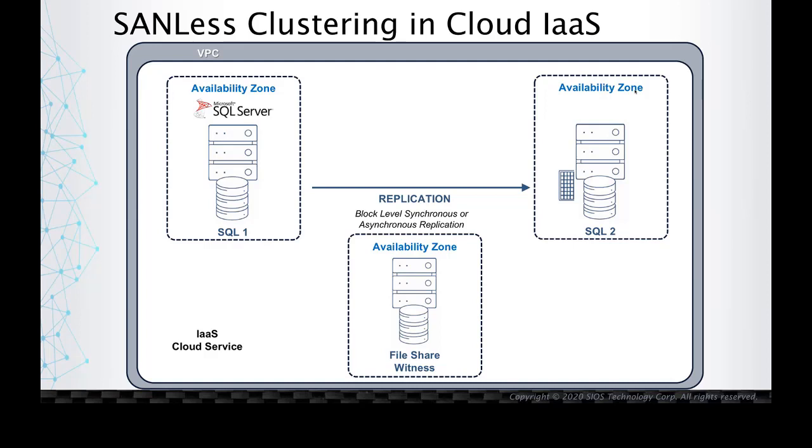If you deploy two servers in their cloud and you put those servers in different availability zones, the cloud provider will guarantee four nines of availability, or a 99.99% service level agreement, that at least one of those servers will be online and accessible at any given time.